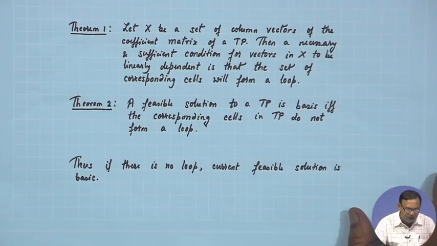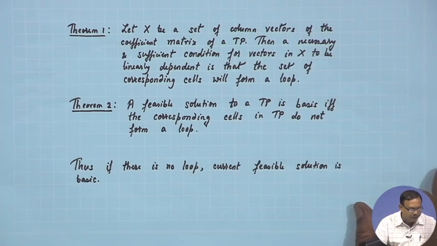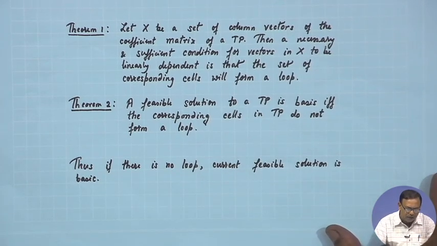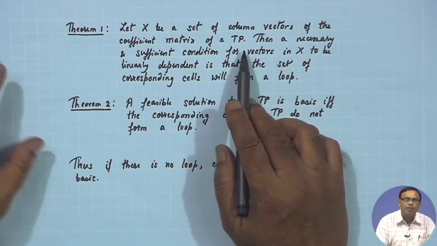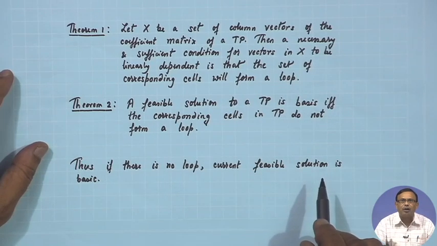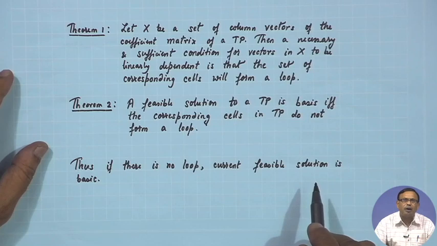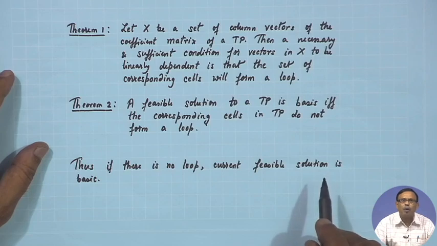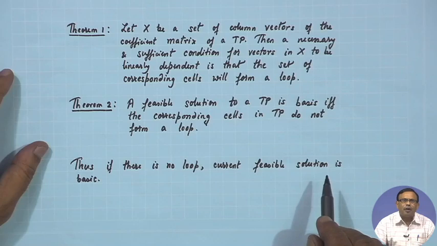Two important theorems are there. One theorem states: let X be a set of column vectors of the coefficient matrix of a transportation problem. Then a necessary and sufficient condition for vectors in X to be linearly dependent is that the set of corresponding cells will form a loop.